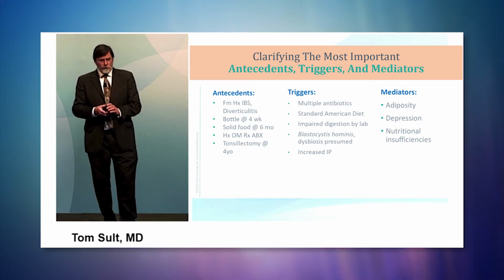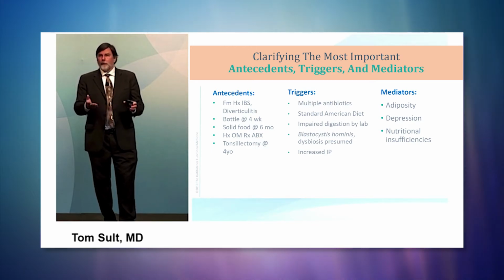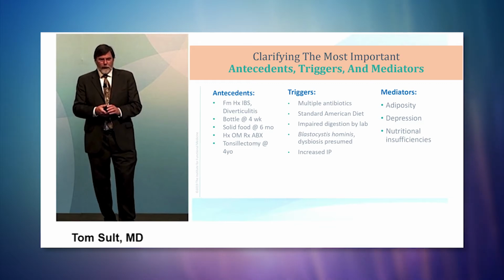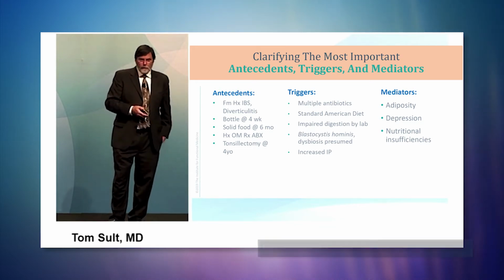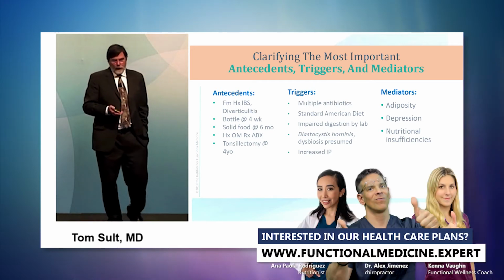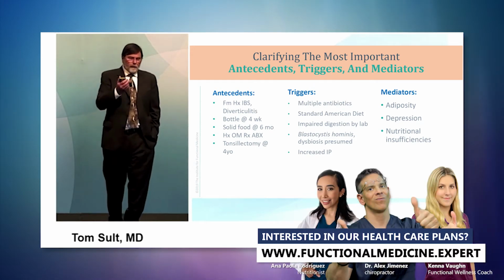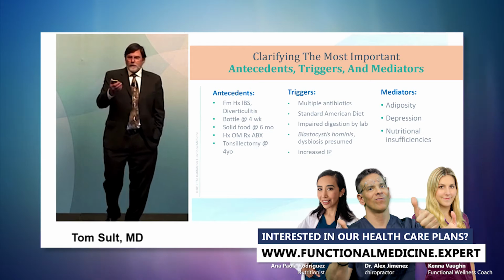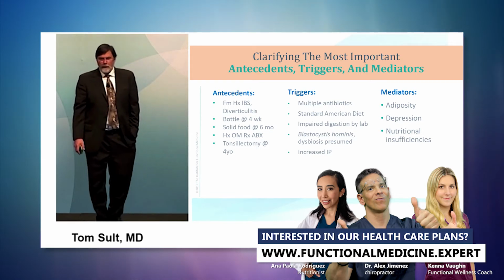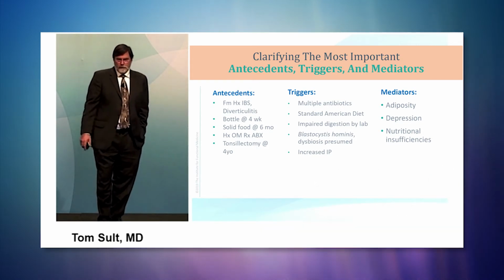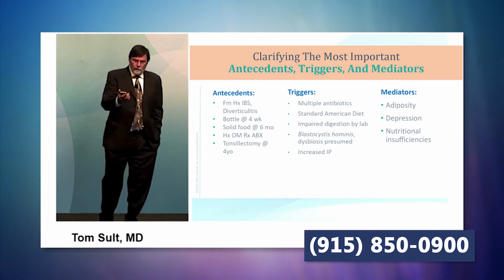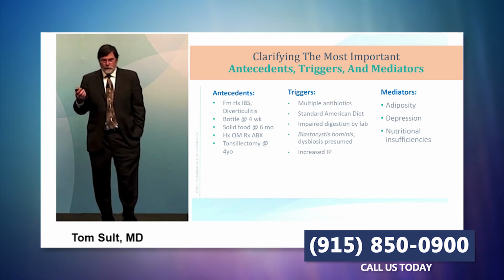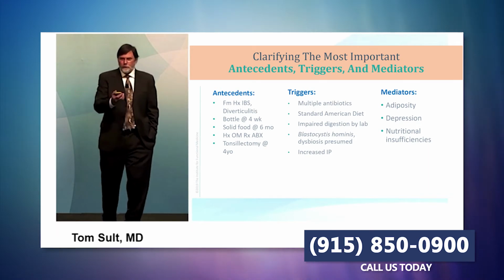Some of the triggers as we see them are the multiple antibiotics, the standard American diet, impaired digestion by laboratory, blastocystis on culture, and increased intestinal permeability. So again, these are the elements I'm weaving into my story, and then mediators are these things: adiposity being an inflammatory condition, depression being an inflammatory condition, nutritional insufficiencies contributing to those things.